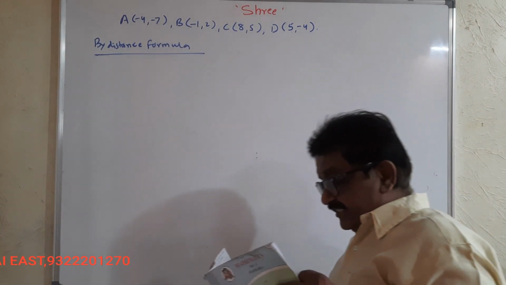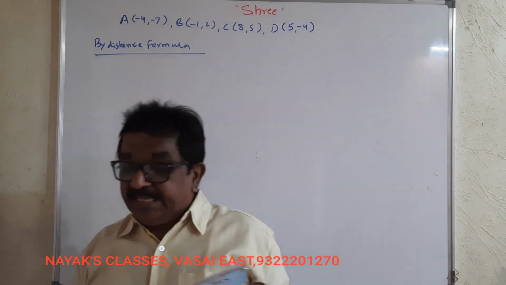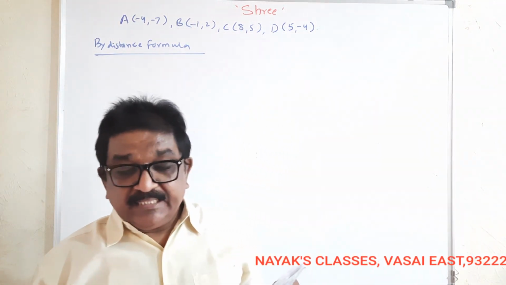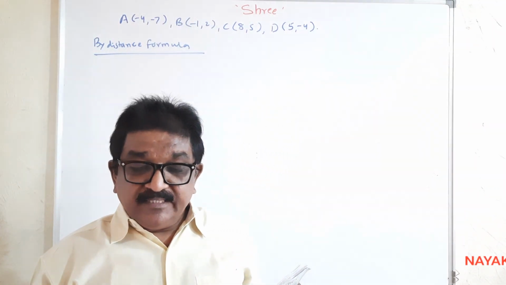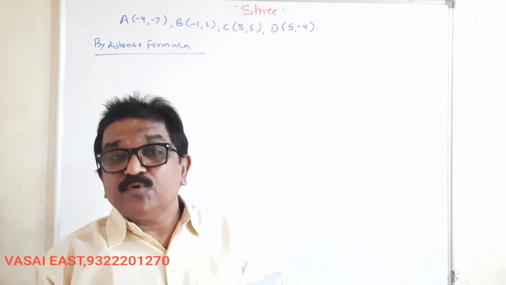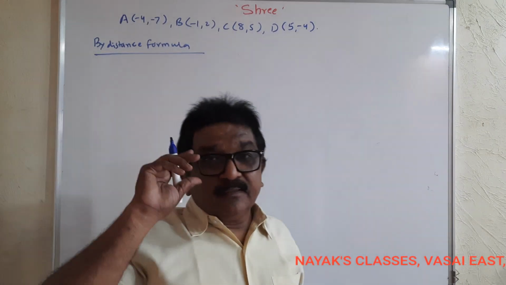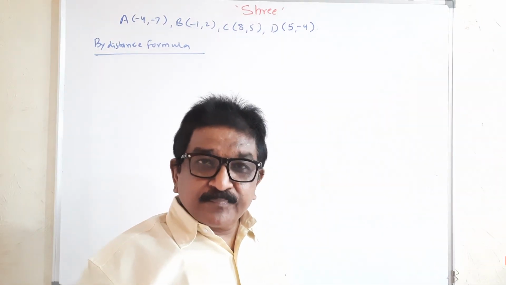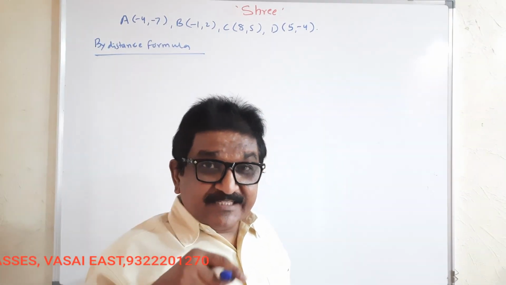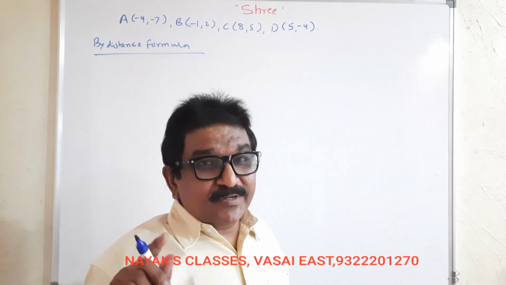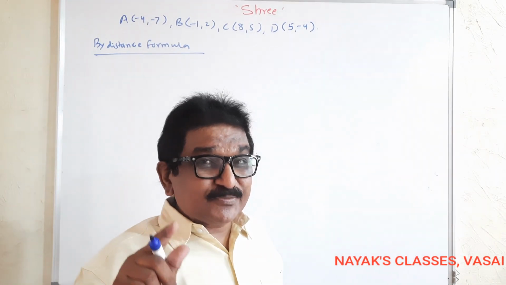Now in the sixth example, they have given 4 points and they have said show that these points are vertices of a rhombus. Property of a rhombus: adjacent sides are congruent. So all the 4 answers must be equal.